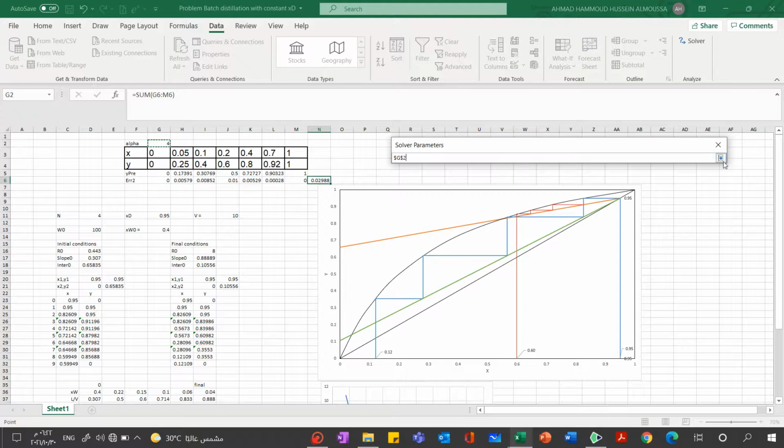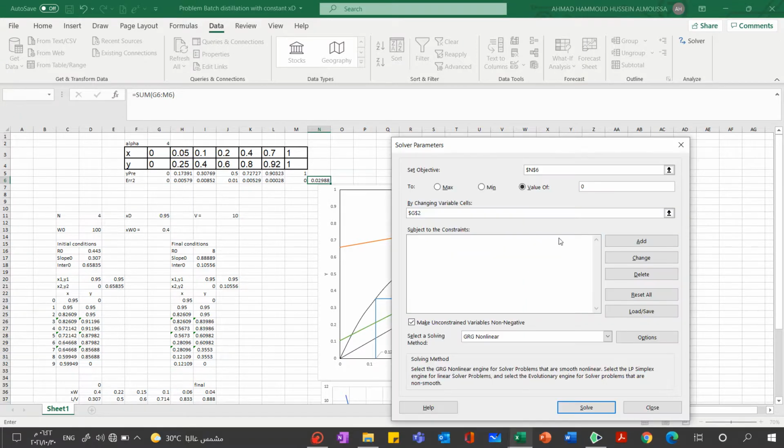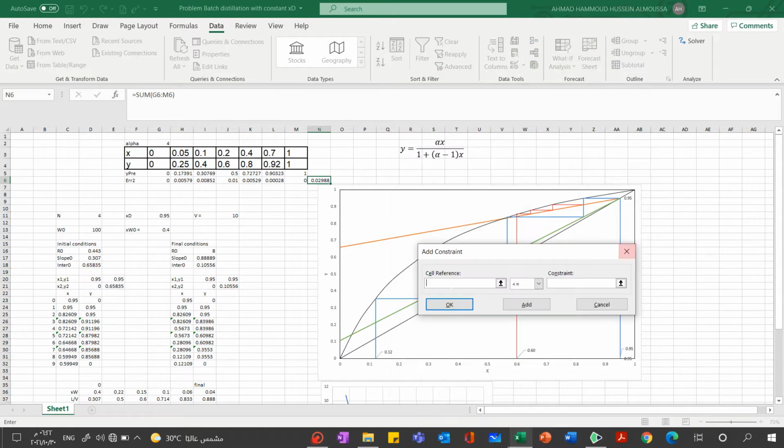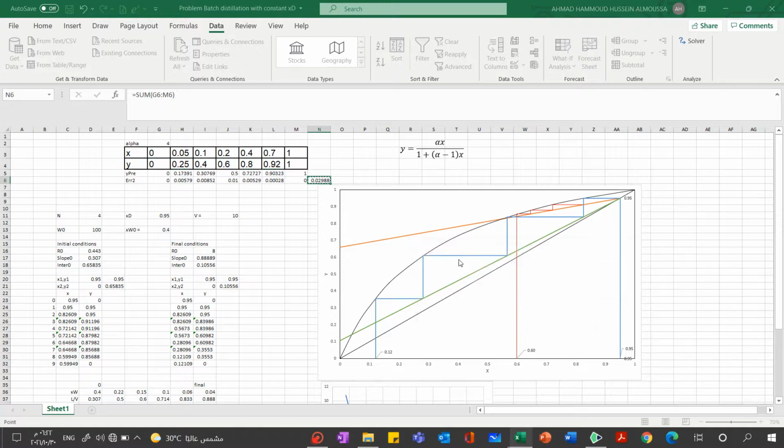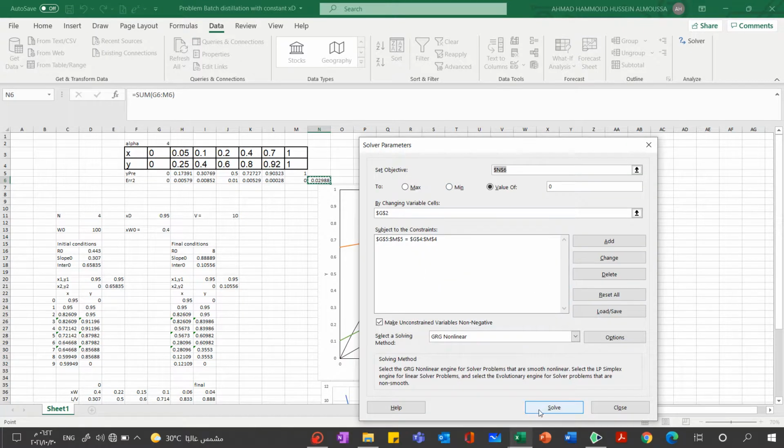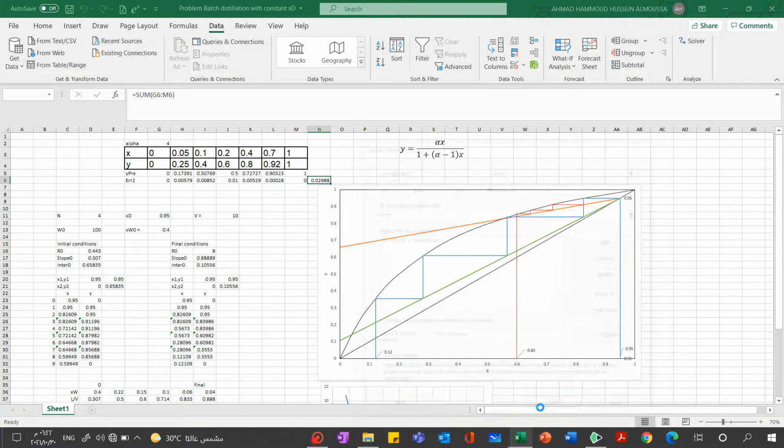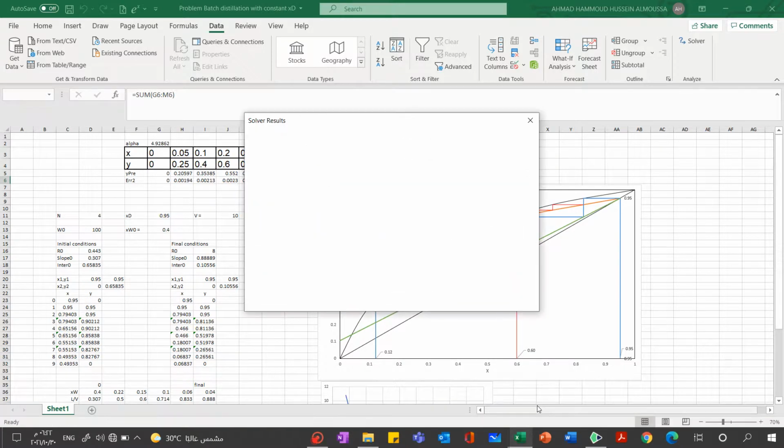Then add here the constraint, that this y predict equals this y. Okay, it will be added here. Then press solve, and it will take some time to solve it.